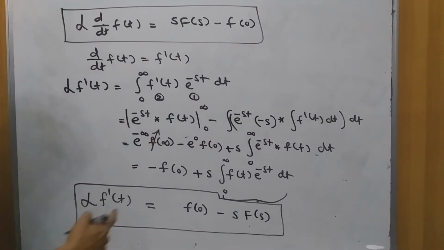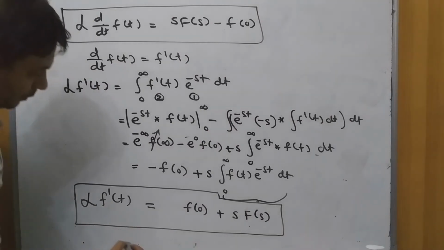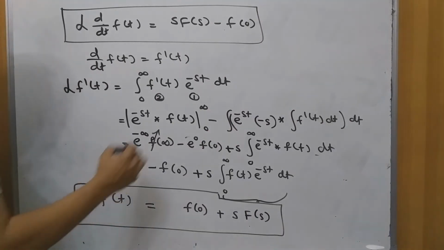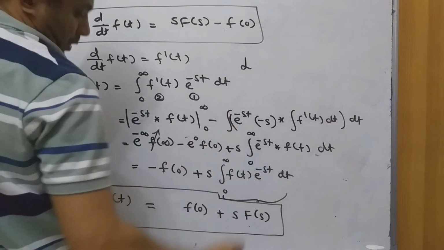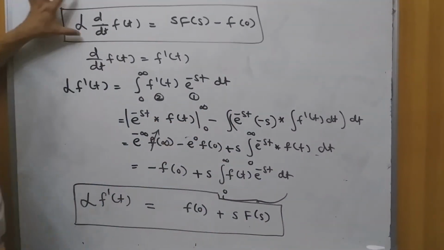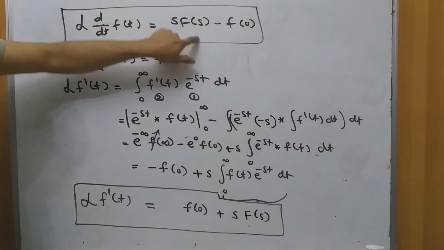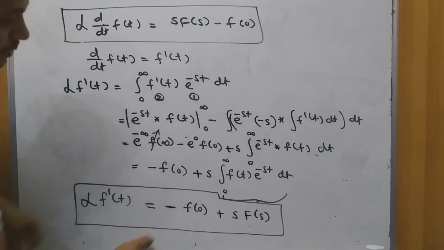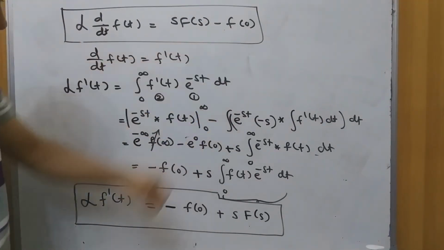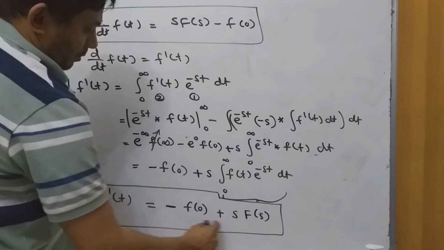I think there was a mistake here, sorry. The Laplace transform of f dash of t is equal to s into F of s minus f of 0.